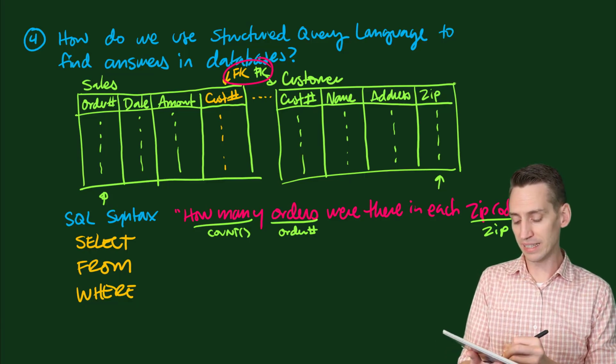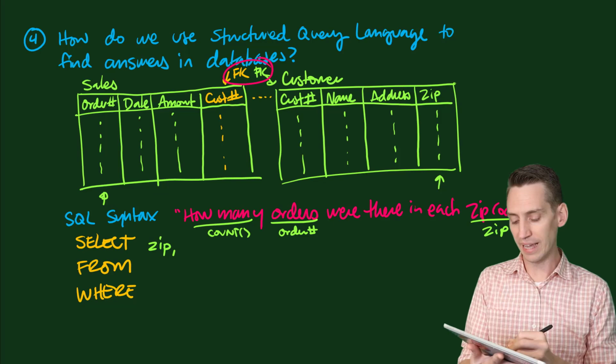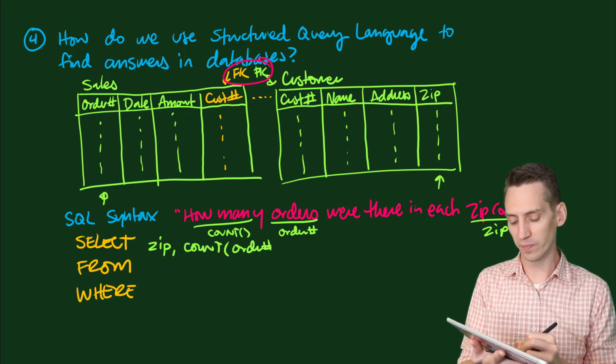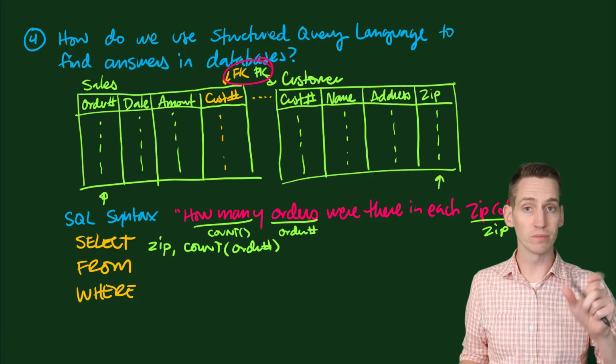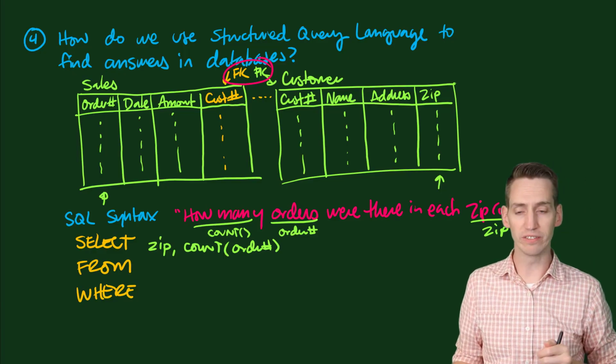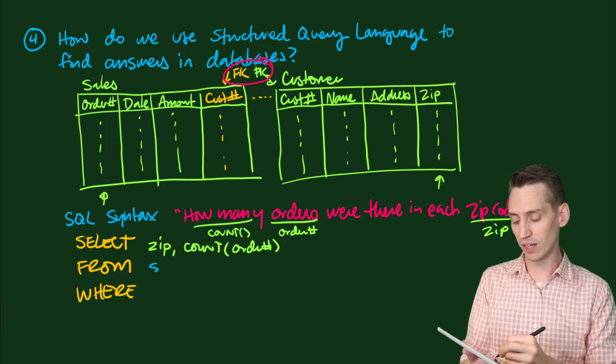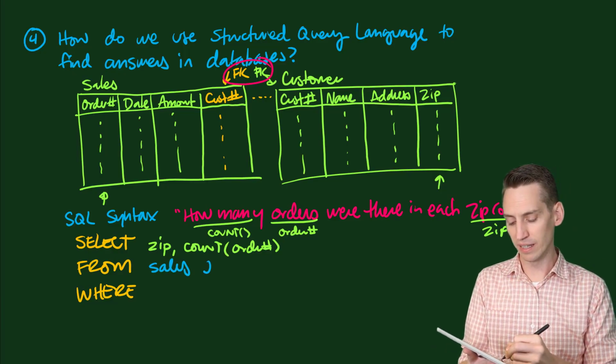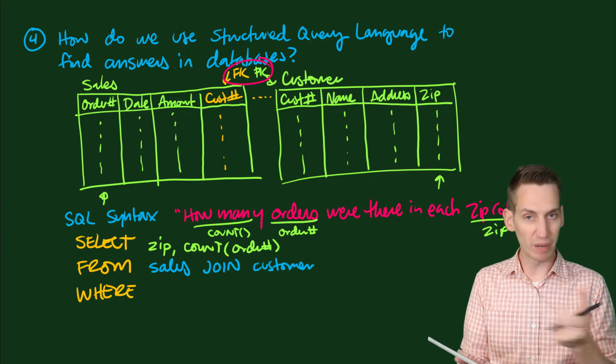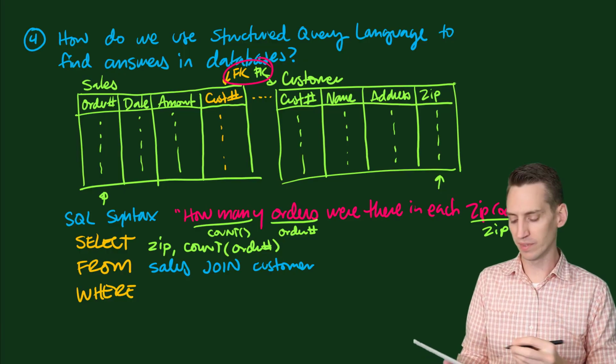Select. We want to select the zip and the count of order number. That'll give me two columns, one with each zip code and then the count for each of these. From tables. Here I need both tables, so I'm going to take from sales, and I want to join customer. So I have to combine them together or denormalize them.